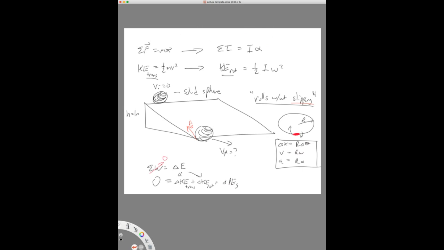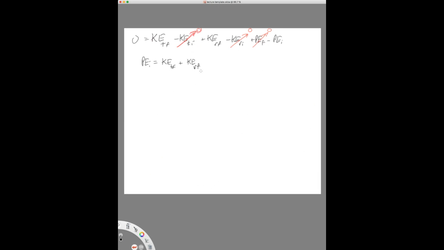So in words, in concepts, what would we say? In this problem, you start off with some potential energy. As it rolls down, it loses that potential energy. Where does it go? It now gets split between kinetic translational and kinetic rotational energy. So if we have that concept in mind, we could probably just start from right here.